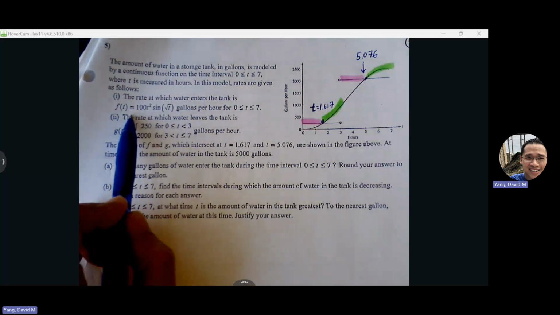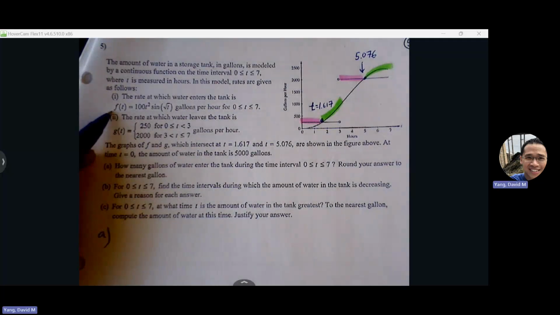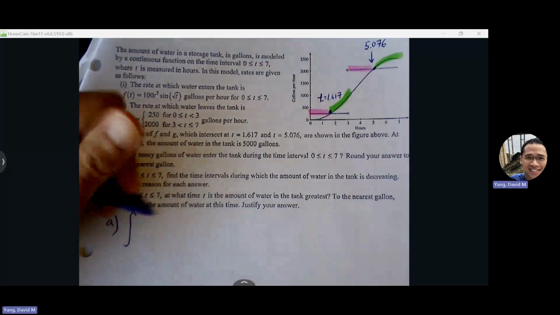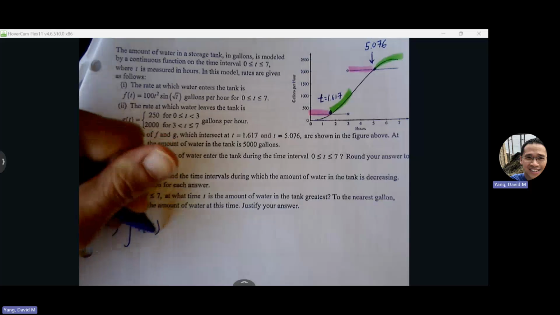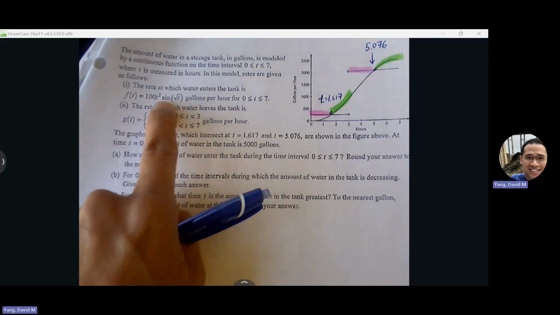We just want to know how much water has entered into the tank, and we just take the what of f of t? This integral, yeah. So the integral of f of t dt. Use your calculator, but of course you're going to use x instead of t.